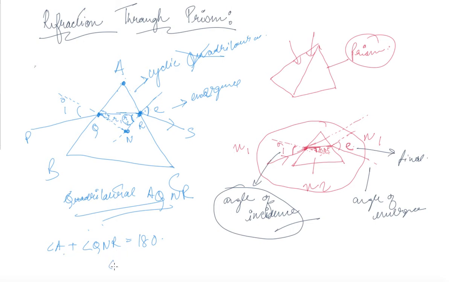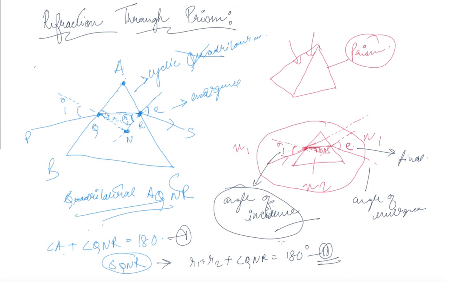Now from triangle QNR, what we have is R1 plus R2 plus QNR is also equal to 180 degree. Now let this be equation 1 and let this be equation 2.